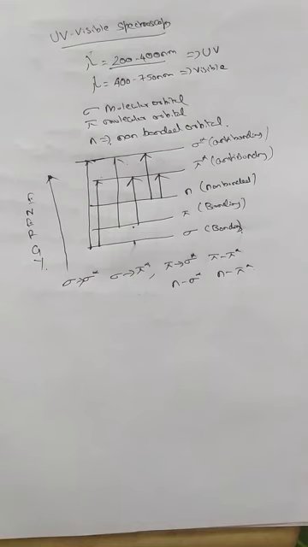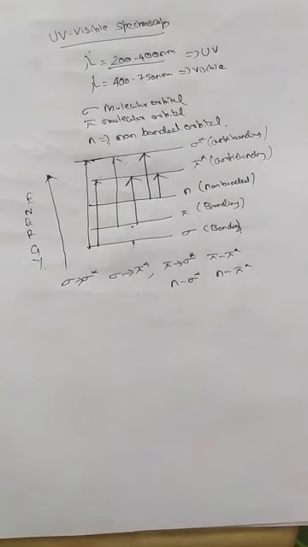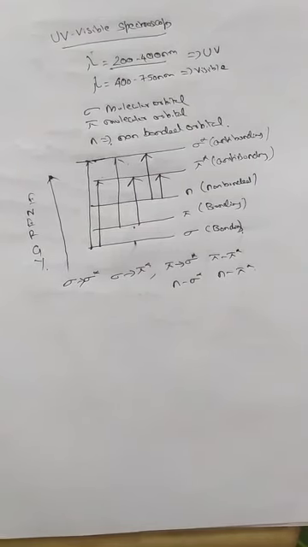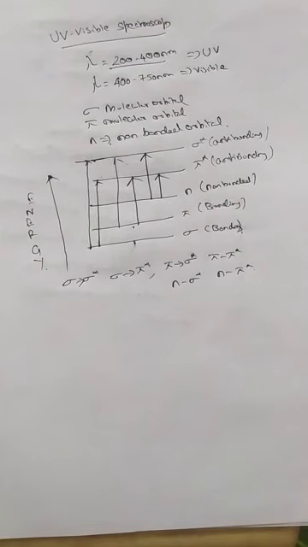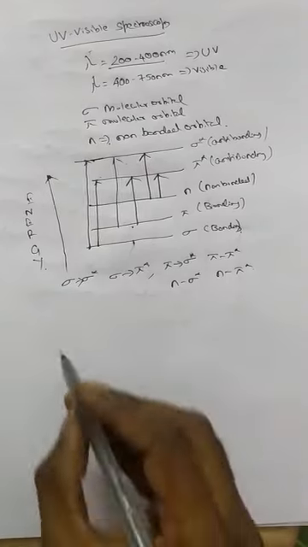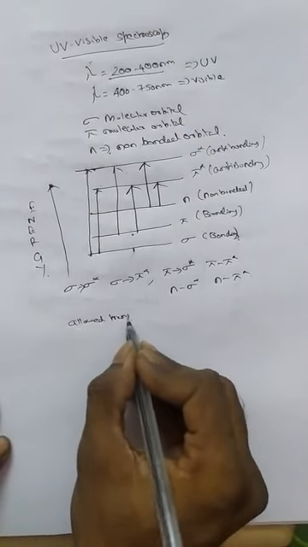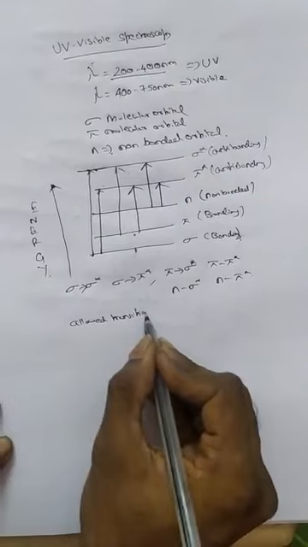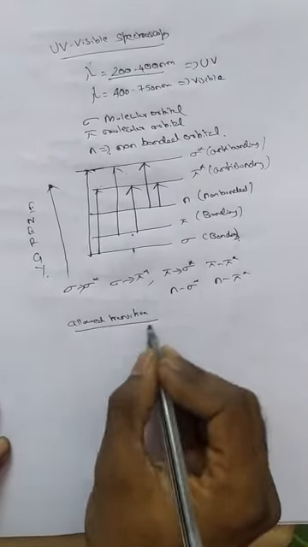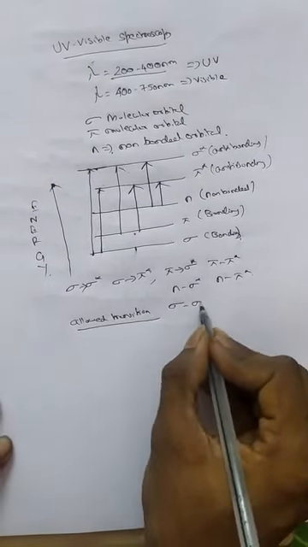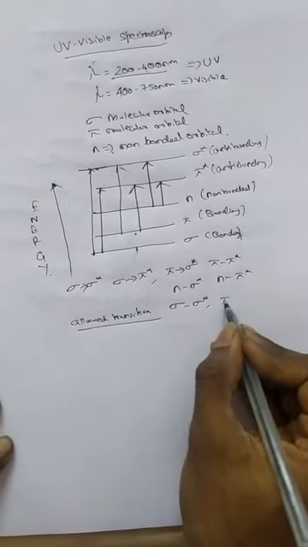There are a few allowed transitions, that is, symmetry considerations allow some of the transitions. Normally transitions within the same symmetry, that is from sigma to sigma star, are allowed. So the allowed transitions are sigma to sigma star and pi to pi star.